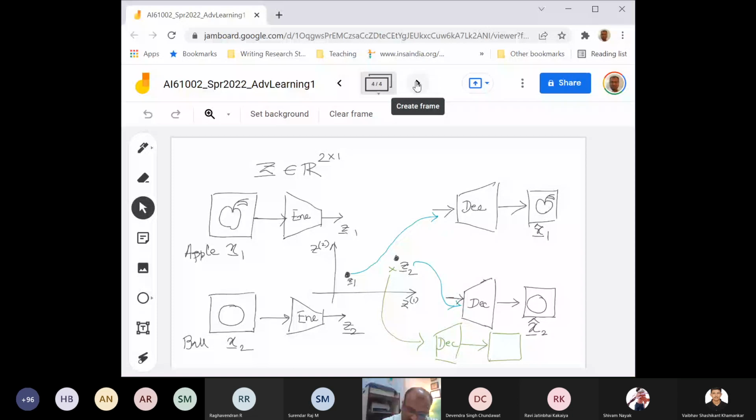But in general, let me call this point Z3. Z3 is near Z2, so X3 hat may be like a ball. This is at least some comment which I can give over here.